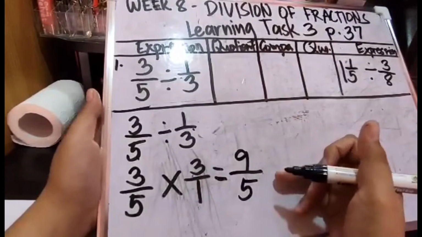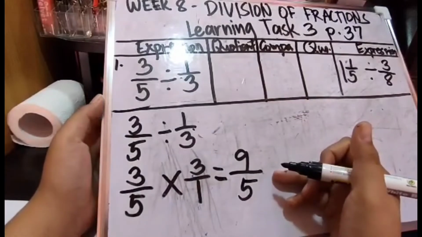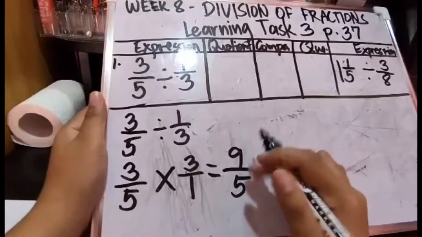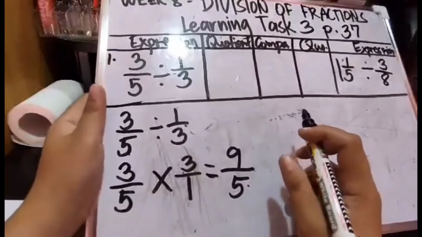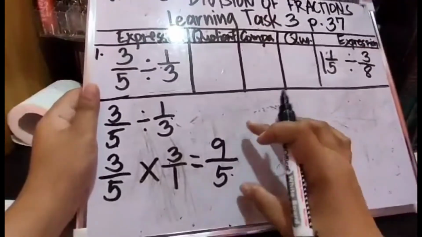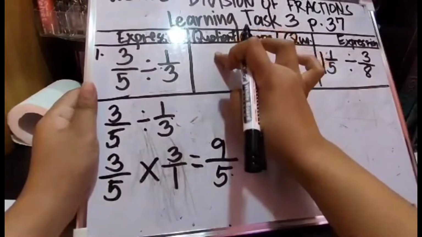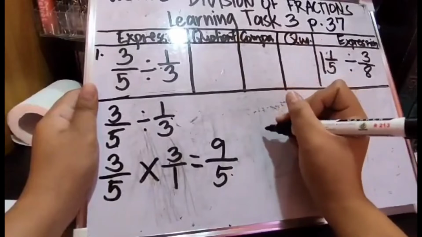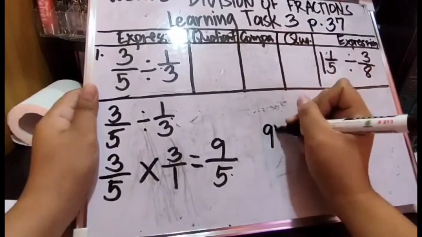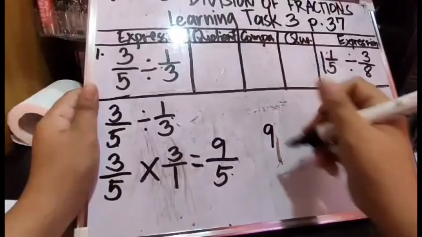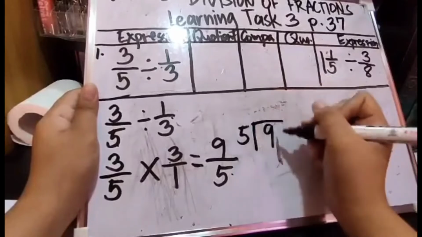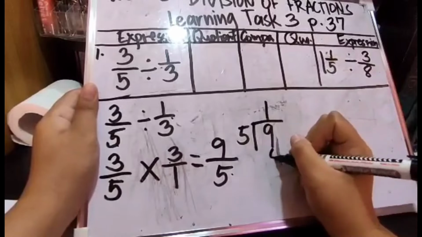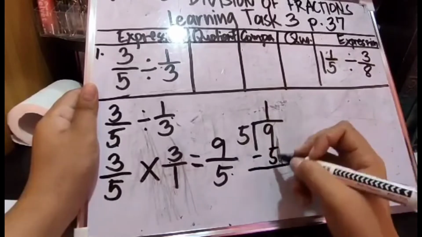So, mapapansin nyo, ang sagot natin ay, siya ay improper fraction. Malaki si numerator kay denominator, kaya gagawin natin siyang mixed number. Huwag nyo muna isusulat si 9/5 kay quotient. Gagawin muna natin mixed number. Okay, so we have 9 divided by 5. 9 divided by 5 is 1. 1 times 5 is 5.